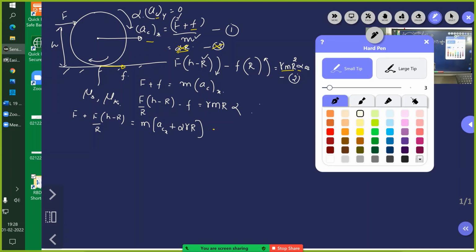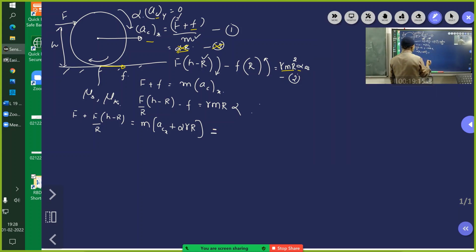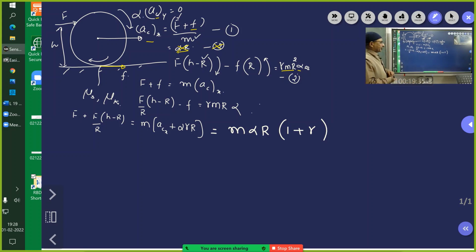Because they have already given that the friction is sufficient to prevent slipping, you can use that condition, and write a_cx as alpha r. So m into alpha r you can take outside, and you get 1 plus gamma inside. You can write that also.